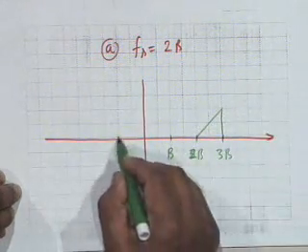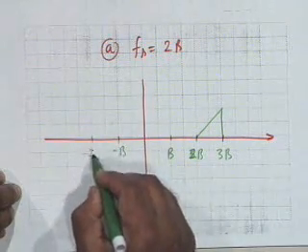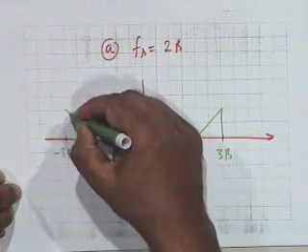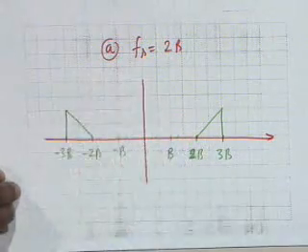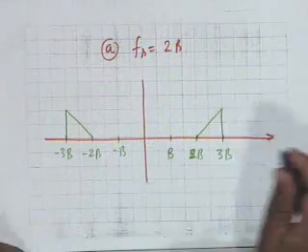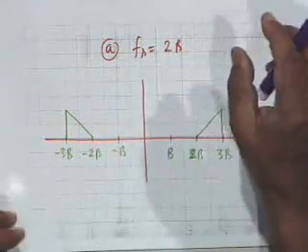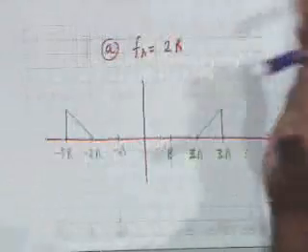And I have to draw both the sides, otherwise things will not be clear. Minus 3b, it goes like this and comes back like this. Now due to the impulse, due to sampling, there is an overlap of the spectra.